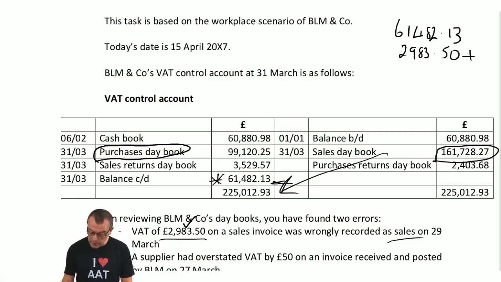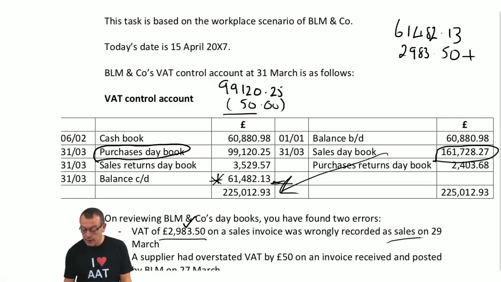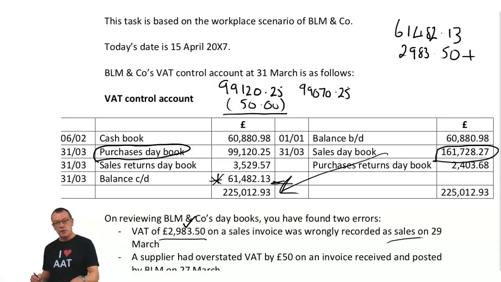So we would have 99,120 pounds 25, and we would need to take from that the £50 that was in there because it's been overstated, and that would come out as a minus, which means the correct figure in there would be 99,070 pounds and 25. So that figure is decreased.